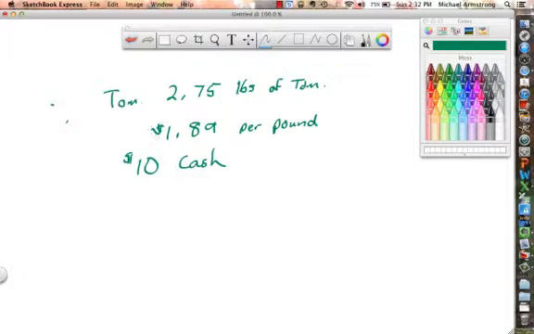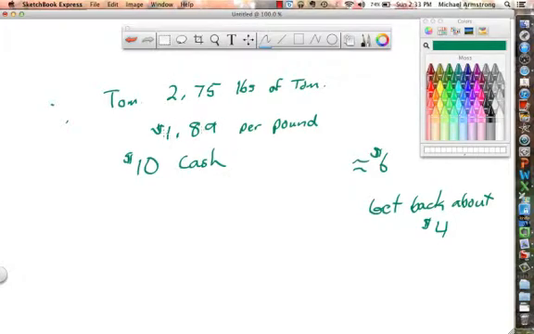But we got almost 3 pounds. So if this were $2 per pound and we got 3 pounds, then that would be about $6. Okay, and we give them $10 cash, so we'll get back about $4, just using some logic.